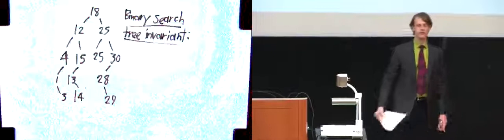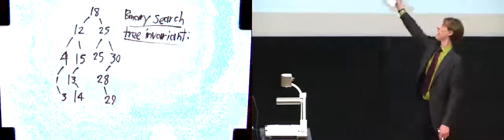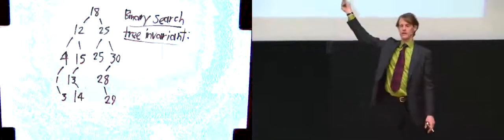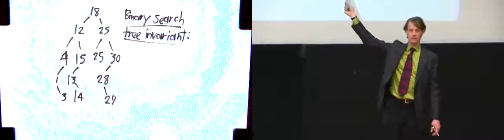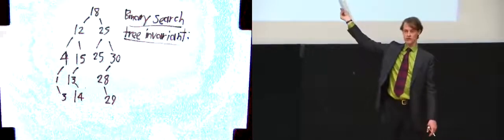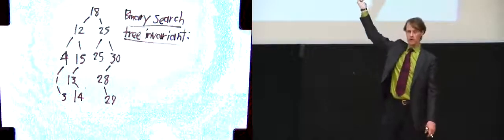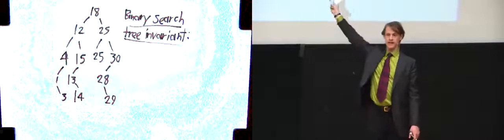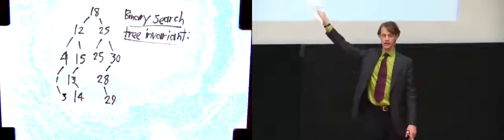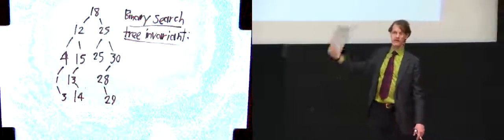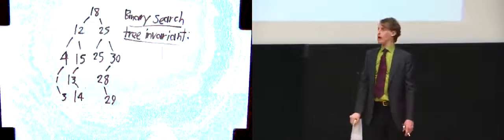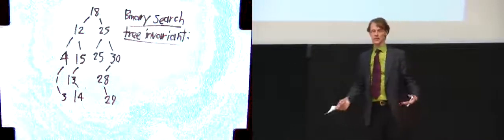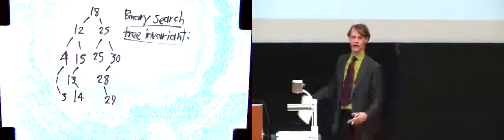The binary search tree invariant says that if I have a node like 18 at the root of the tree, or at the root of one of the subtrees of the tree, then I'm going to put all the keys that are less than 18 in its left subtree, all the keys that are greater than 18 in the right subtree. And if there happens to be a key that's exactly equal to 18 in addition to the one that's stored in the root, that can go into either subtree.